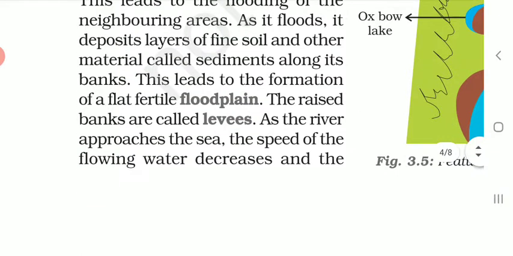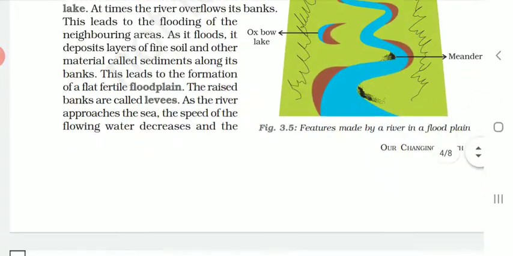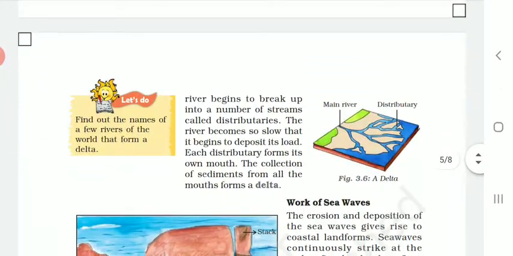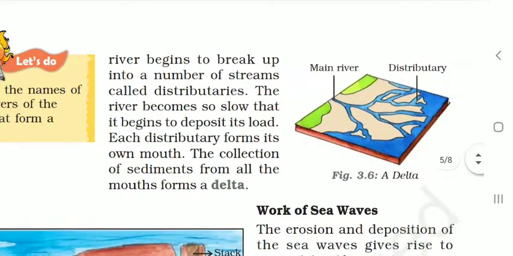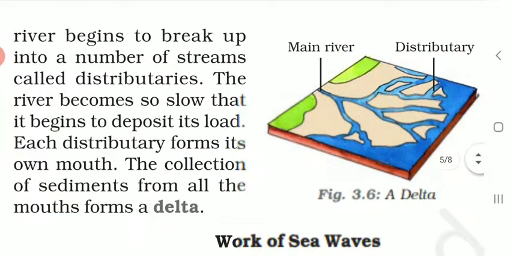As the river approaches near the sea, what happens? The speed of the flowing water decreases completely, and when the speed of the flowing water decreases, it starts to deposit the eroded material or very fine soil at the mouth of the river.